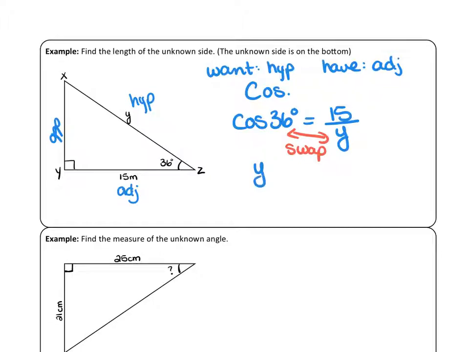So it becomes y equals 15 over cos 36. Then when I plug it into my calculator, 15 divided by cos 36, I got 18.5. And that's in meters. Perfect.